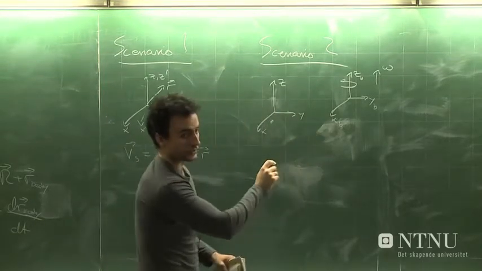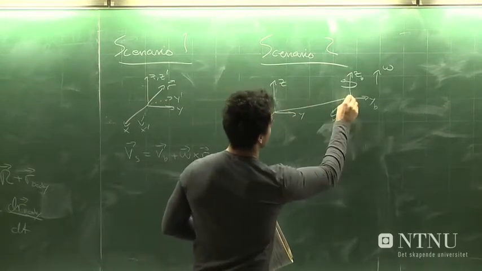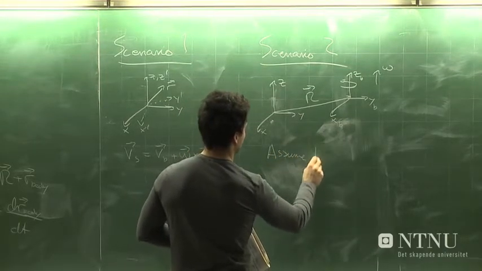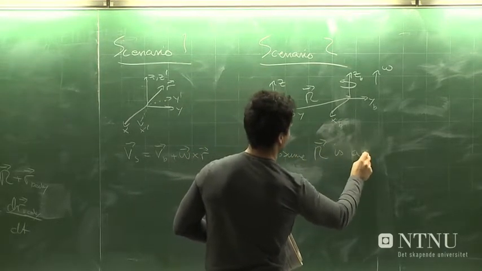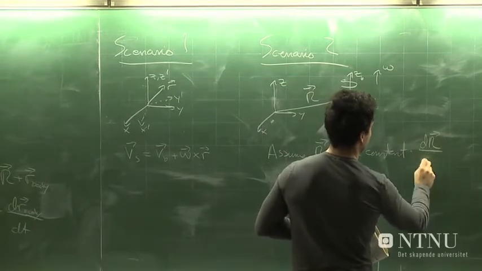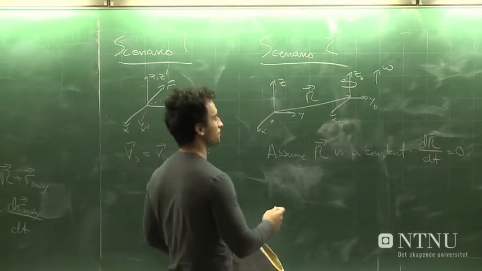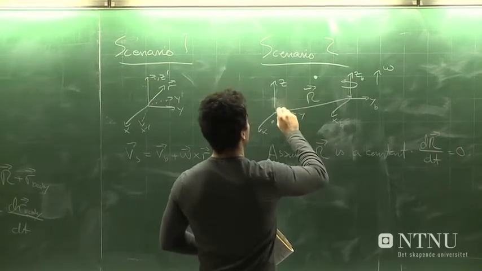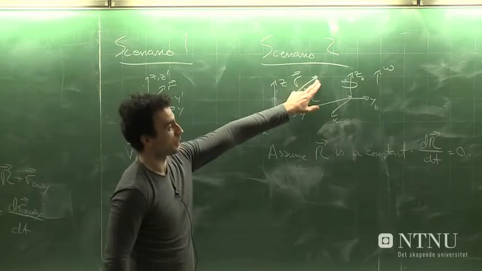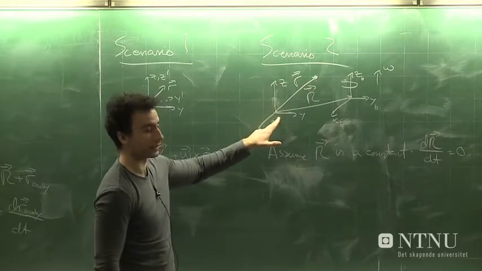If we make the assumption that this vector is a constant, which means that its time derivative is equal to 0, and then again consider some object situated somewhere in space, which has the position vector r as seen from this fixed system.